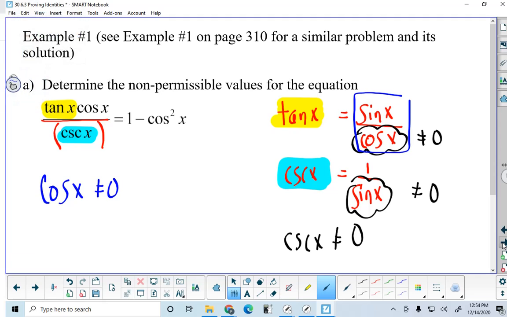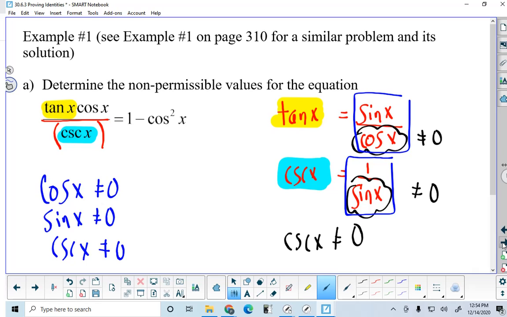Sine of x is not allowed to be 0 because if sine of x was 0, cosecant would not be defined. And cosecant is not allowed to be 0 because, get ready for this, if cosecant was 0, this whole thing is not defined because we would be dividing by 0.